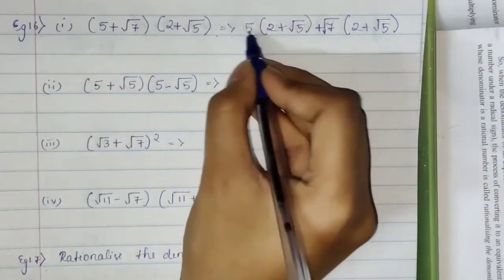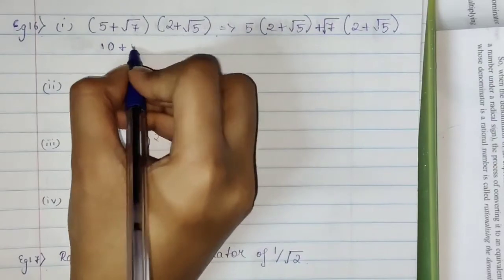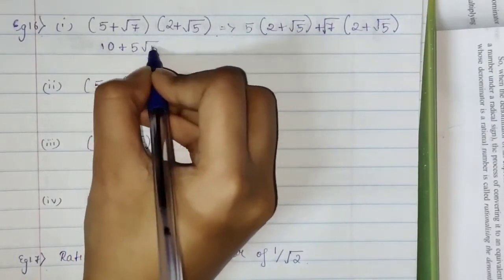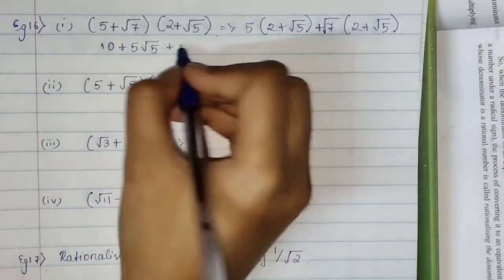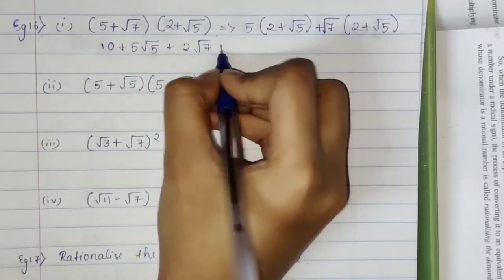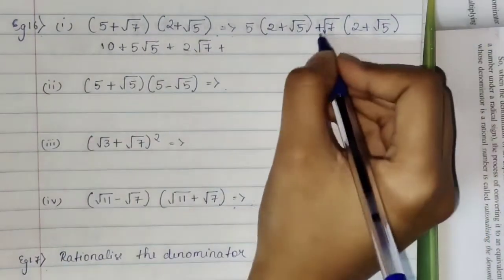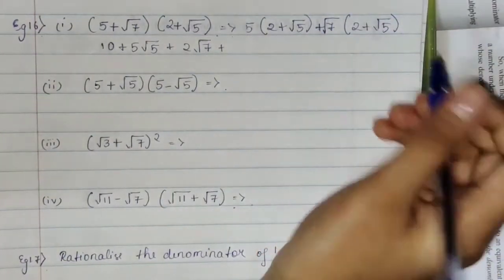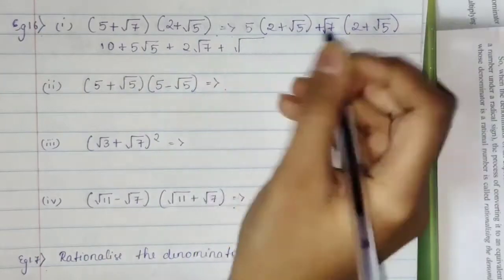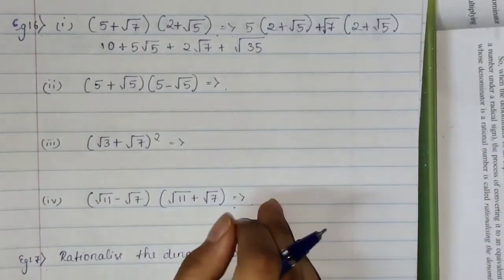Right, now quick multiplication, 5 2s are 10 and 5 into root 5 is 5 root 5 plus 2 into root 7 is 2 root 7 plus root a into root b. There is a formula that is root a into root b is root ab, that is under root 7 into 5, which is 35. So this is their final answer.